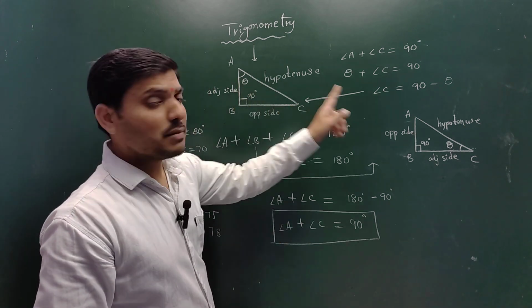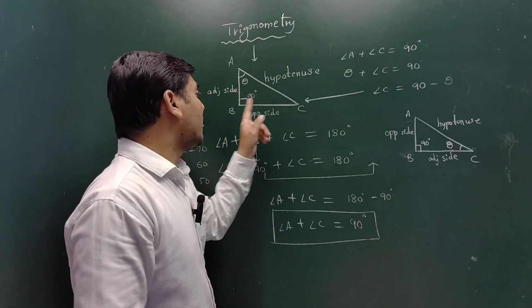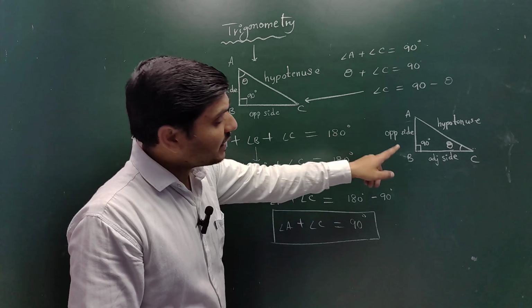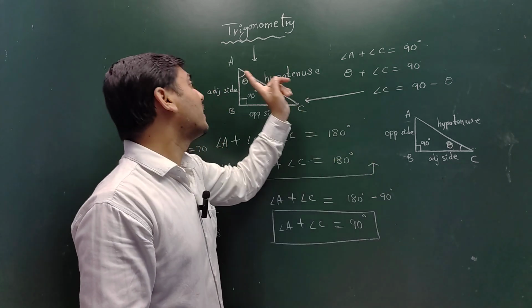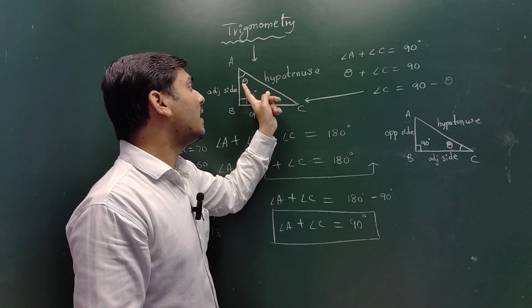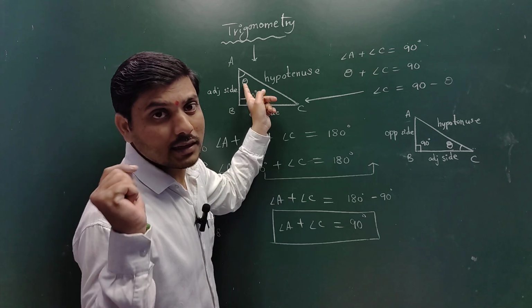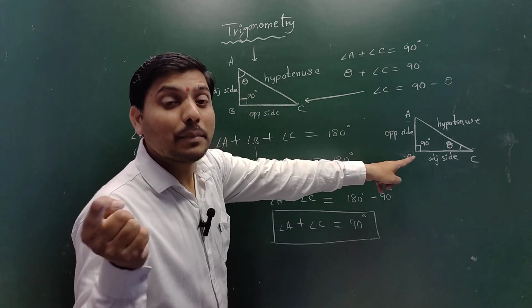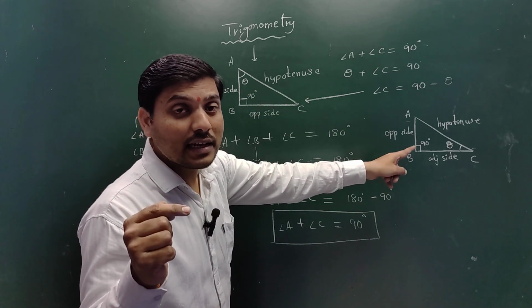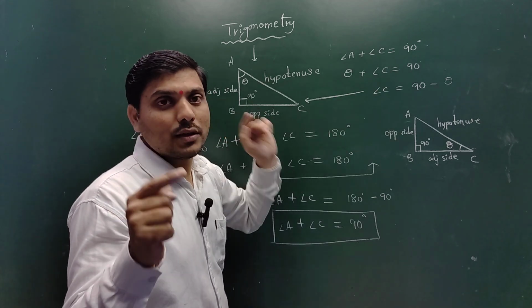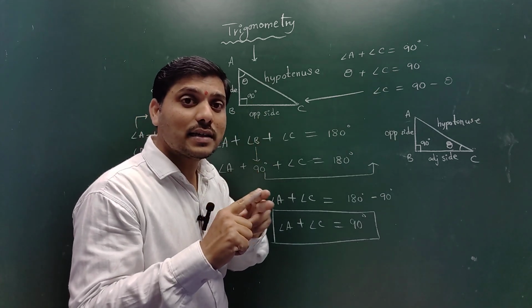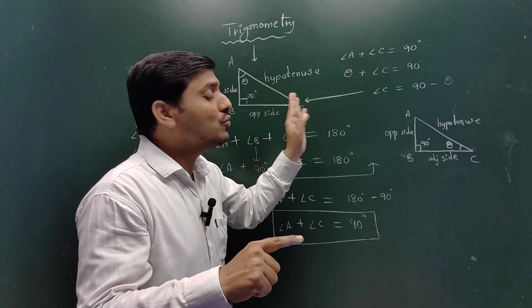This is right angle triangle ABC, and this is also ABC, with the right angle of 90 degrees at B. Here the capital A vertex has the angle theta. In this case, the capital C vertex has the angle theta. So the opposite and adjacent sides change between these two triangles.